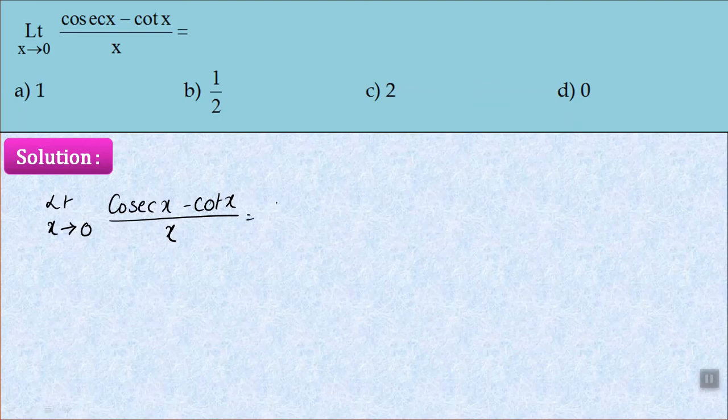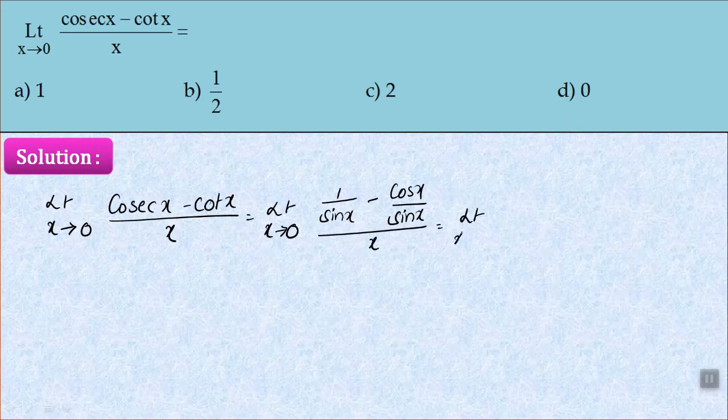So here this equals limit x tends to 0 of cosecant x, which can be written as 1 by sin x, minus cot x, which can be written as cos x divided by sin x, divided by x. Here LCM is sin x: limit x tends to 0 of (1 minus cos x) divided by (x into sin x).